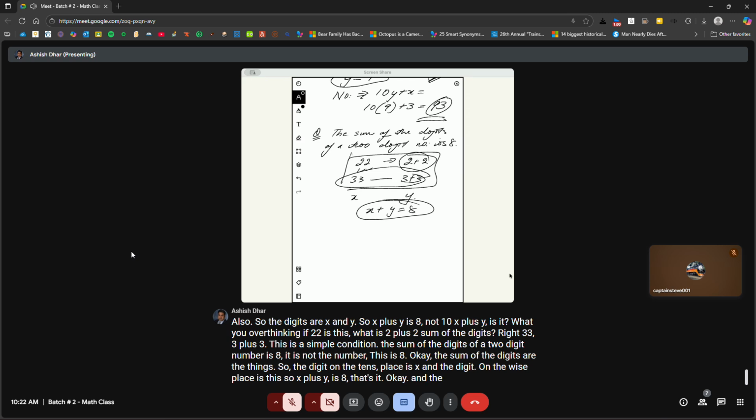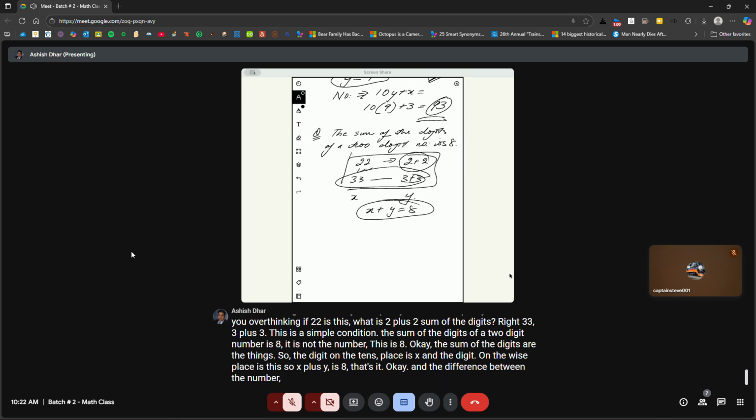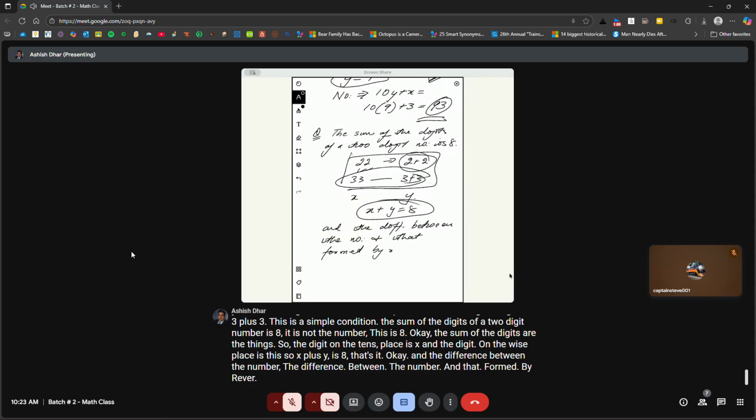Okay. And the difference between the number and that formed by reversing the digits is 18.